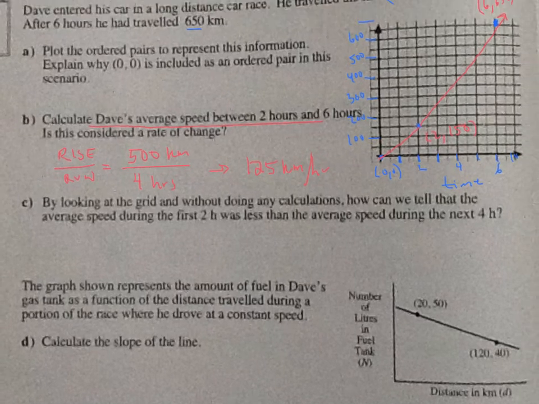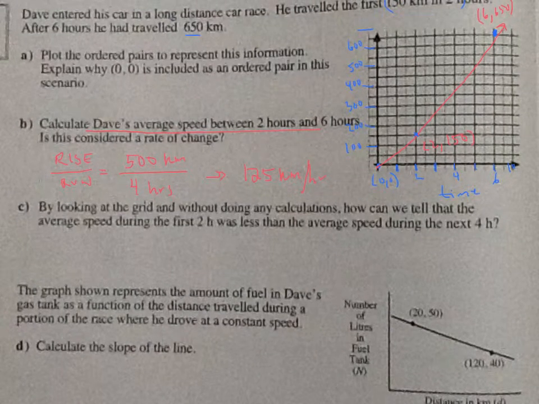By looking at the grid and without doing any calculations, how can we tell that the average speed during the first 2 hours was less than the average speed during the next 4 hours? So look at the graph and maybe try and figure out why. You can just look at it and tell. Well, if you look at the slopes, the slope for the first 2 hours is not as steep as it is for the last 2 hours.